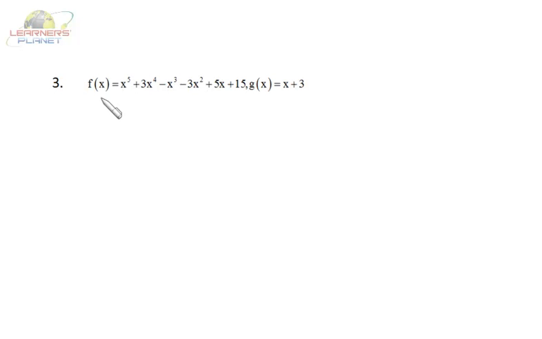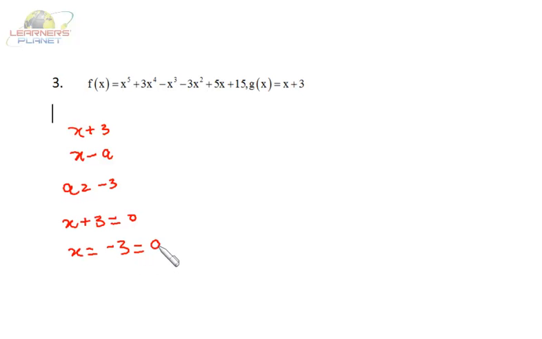Now in this question, f(x) and g(x) are given, and we have to find out whether g(x) is a factor of f(x) or not. So further we'll be using the factor theorem. Let's calculate the value of a. So compare x + 3 with x minus a. We will be getting a as minus 3, or we can put x + 3 as 0. So whatever the value of x, that is minus 3, will be the value of a.